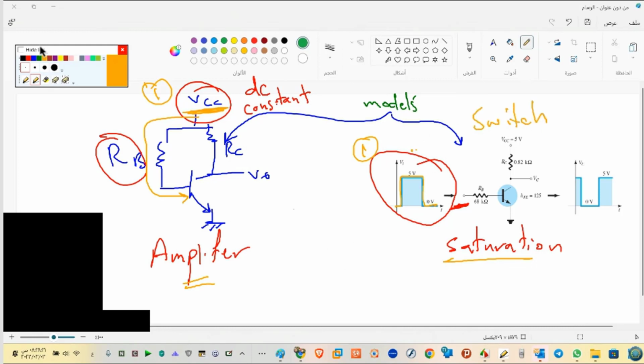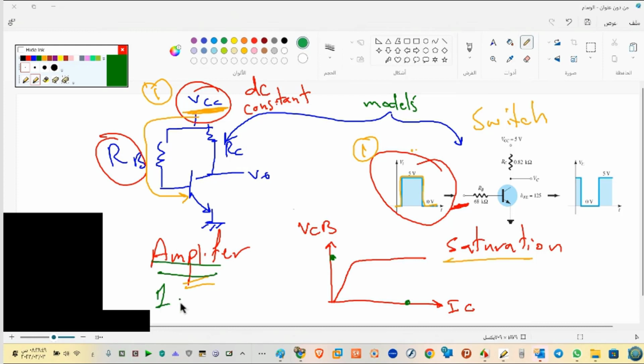Switch means, if I return back to the graph, see, this is VCB, IC, and this is the output. Here I am going to use two regions, this region and this region. So in an amplifier, I need one region, the active region.